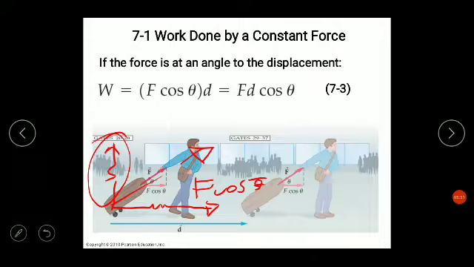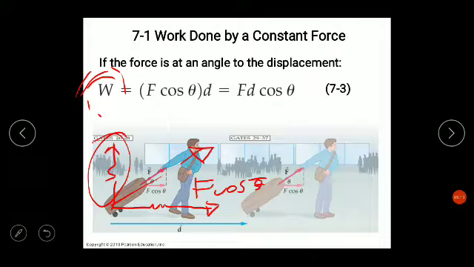We should bear in mind that the dot product between two vector quantities is a scalar quantity. Meaning to say, this work here is a scalar quantity.